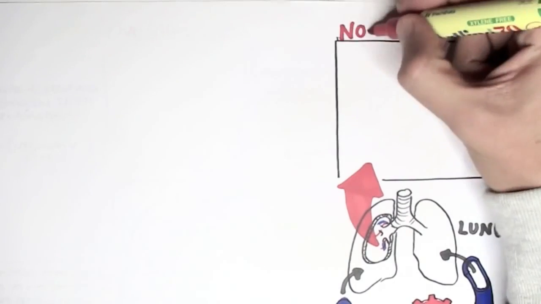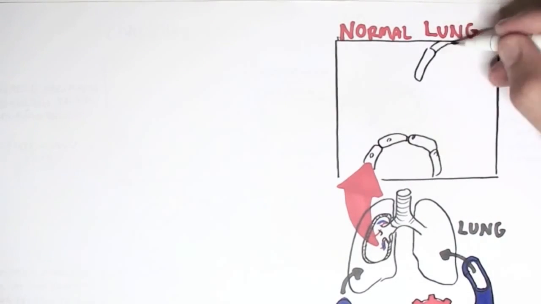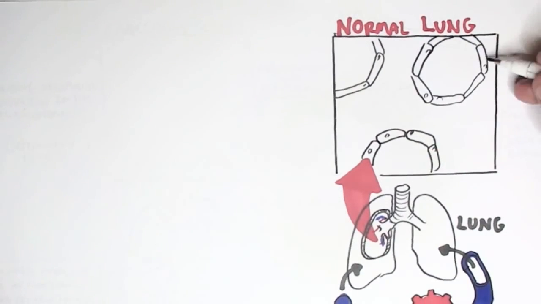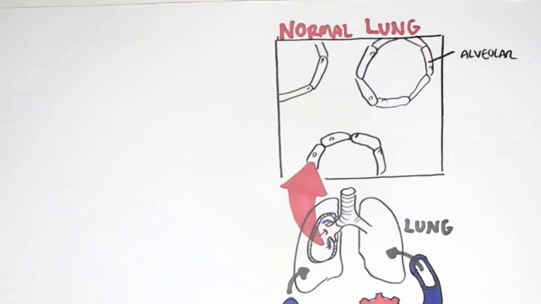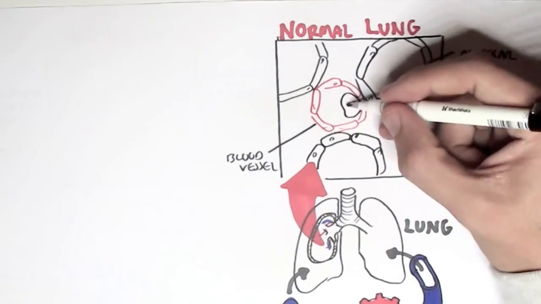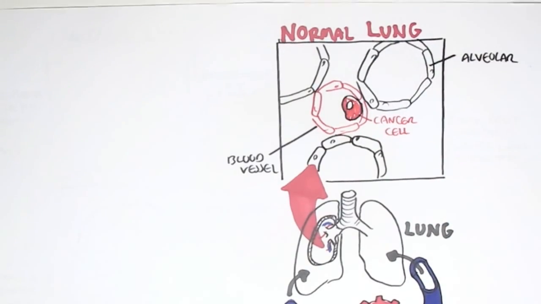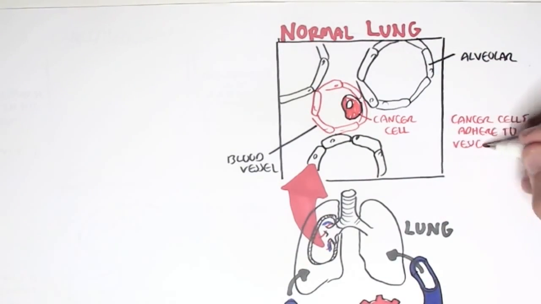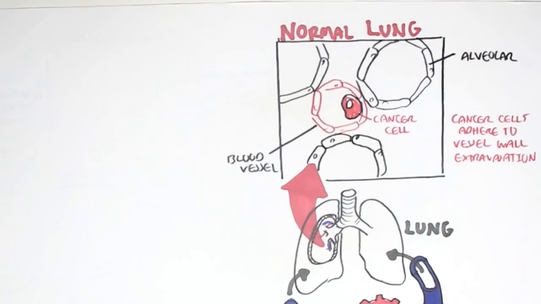So here we're looking at the normal lungs first. We have the endothelial cells of the alveoli as well as the blood vessel. The cancer cells here will adhere to the vessel wall and essentially invade the lung. So recapping, the cancer cells will adhere to the vessel wall and through extravasation will essentially colonize the lungs.